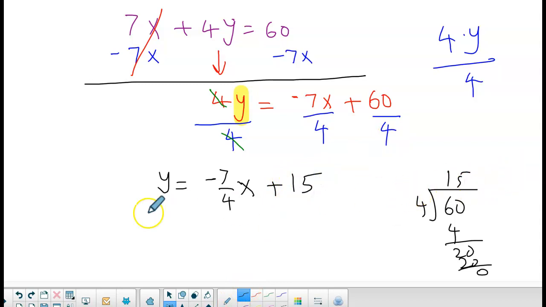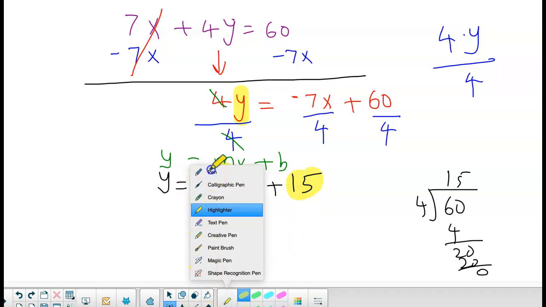This is exactly your slope intercept form, y is equal to mx plus b, where this m, the slope, is negative 7 over 4 and the y-intercept is 15.